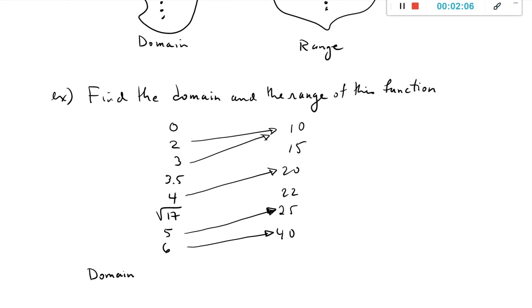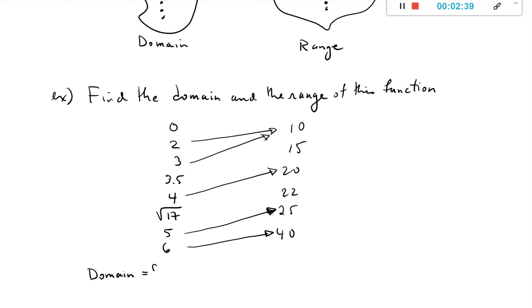You just have to collect the numbers that are linked to other numbers in the right hand column. So 0 is not associated with any of the numbers in the right hand column, so we can't feed 0 into that machine, at least from the information we have. They're telling us we can't, so 0 is not going to be part of the domain.